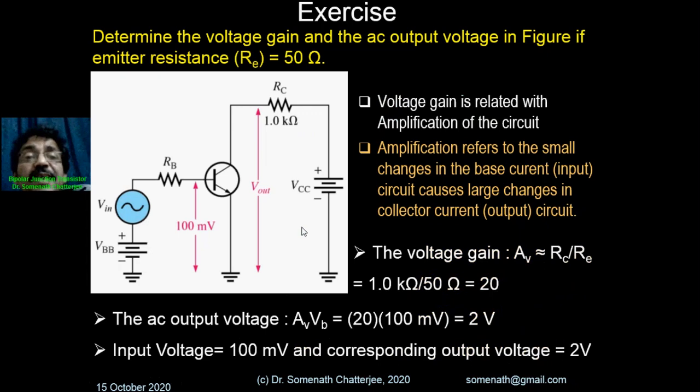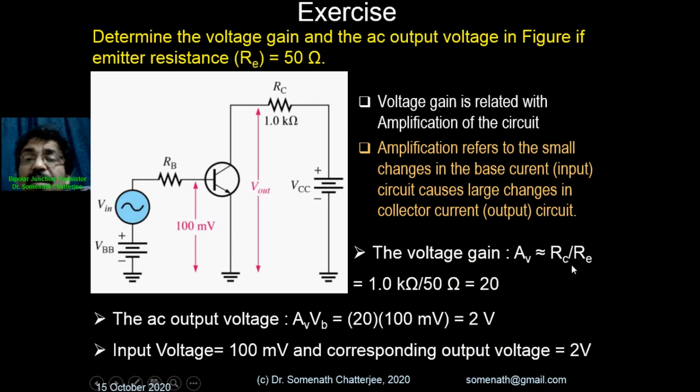Now there is another exercise I want to point out here. Determine the voltage gain of the AC output voltage in the figure if the emitter resistance is RE. The emitter resistance is given and the other things are already given. Amplification refers to a small change, so we find the voltage gain, that is RC by RE, because it is a common emitter NPN transistor.